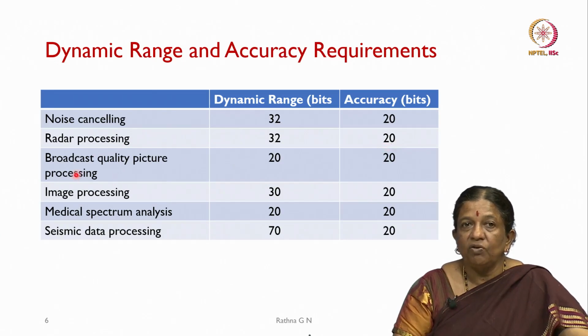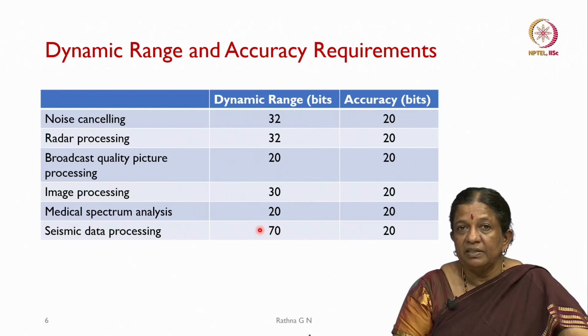In broadcast quality picture processing, both need 20 bits. In image processing it is 30 and 20. For medical spectrum analysis, both can have 20. For seismic data processing, the dynamic range needed is 70 bits to 20 bits.